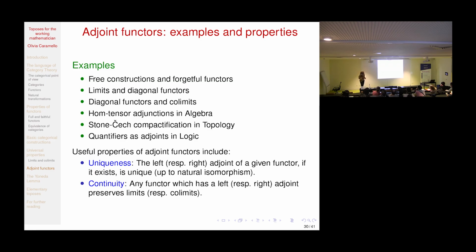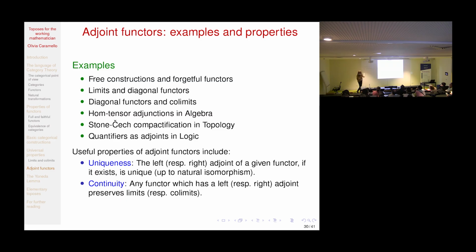But interestingly, this functor has a left adjoint. And this is much more interesting. It is the free group on a set. So F of S, the free group on the set S. So why do we have an adjunction between them?